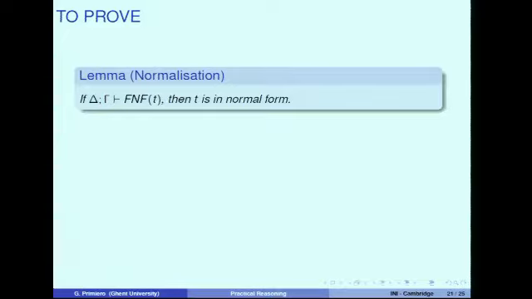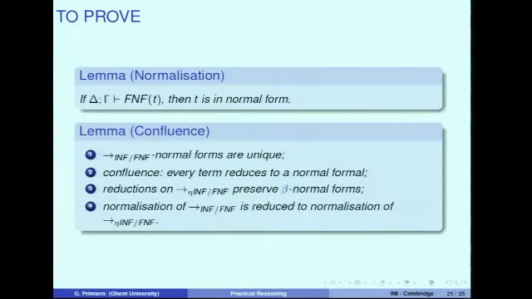And if this is done, what one will be able to prove, supposedly, is that full normal forms for terms are normal forms, and that confluence is satisfied in the following way. Both rewriting rules for internal and full normal forms lead to a unique form, every term reduces to a normal form, reduction preserves beta normal forms, and finally normalization of the rewriting rule will be given in terms of the eta equivalences.